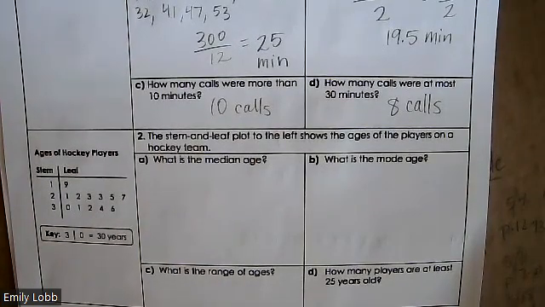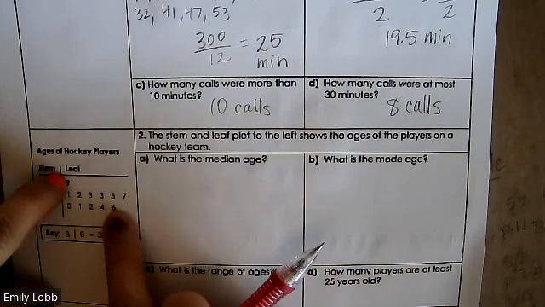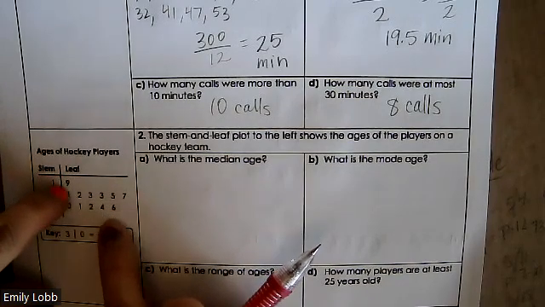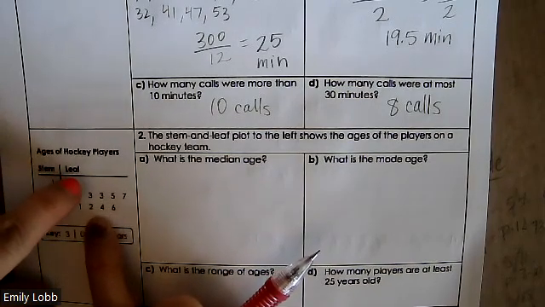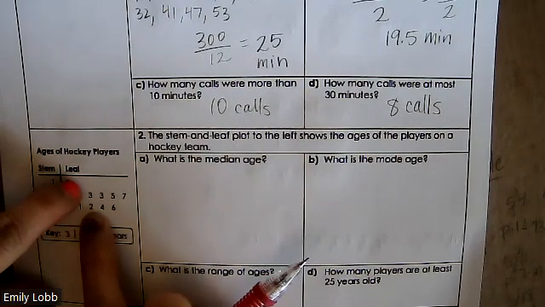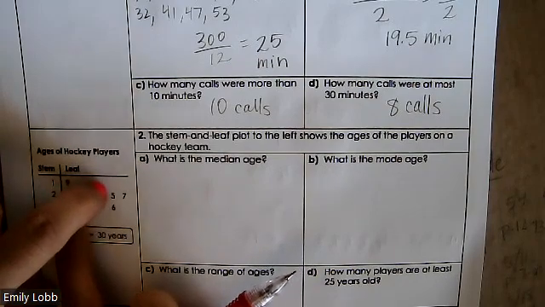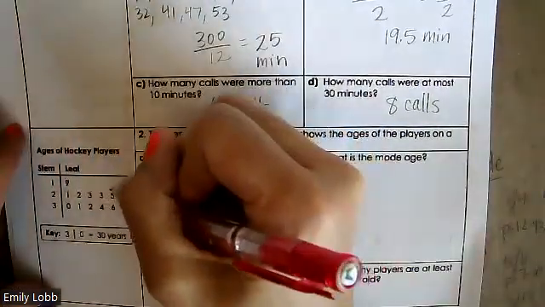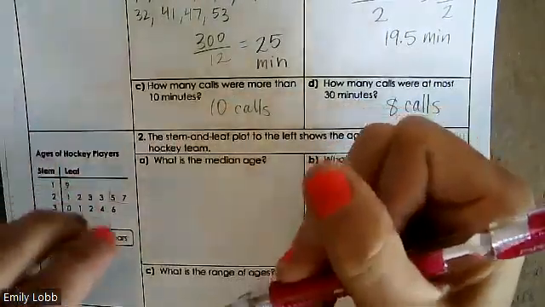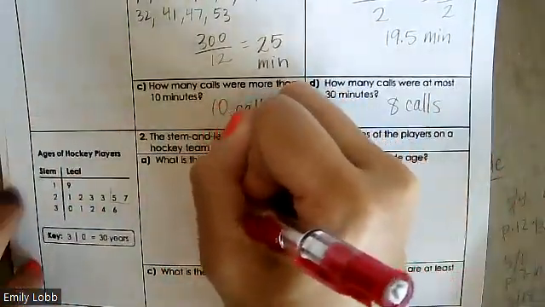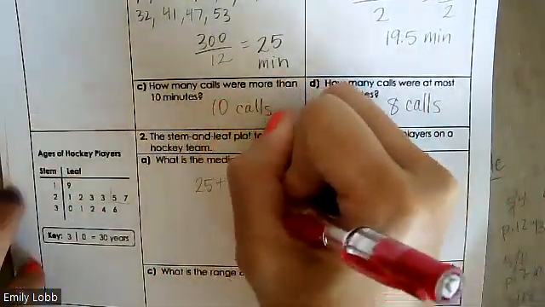Median age. So again, 19 and 36, 21 and 34, 22 and 32, 23 and 31, 23 and 30. And then we have two middle numbers. So these middle numbers are 25 and 27.